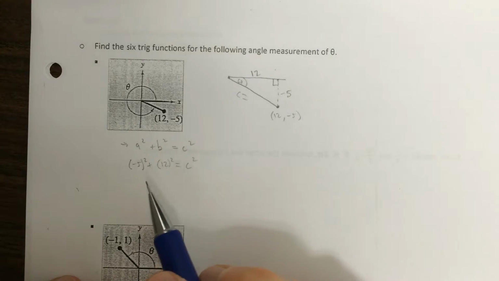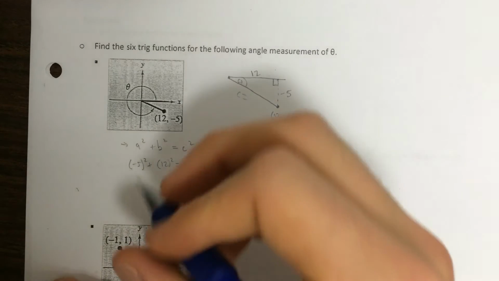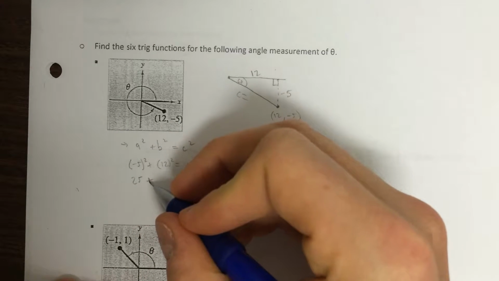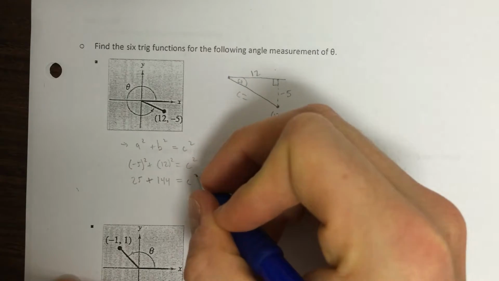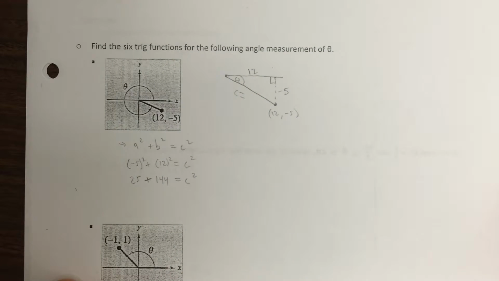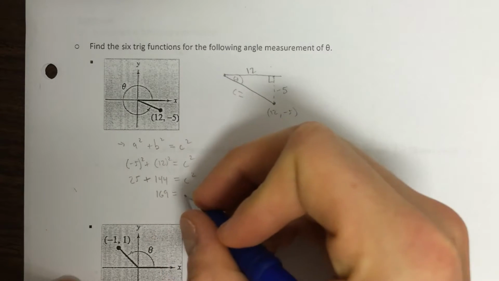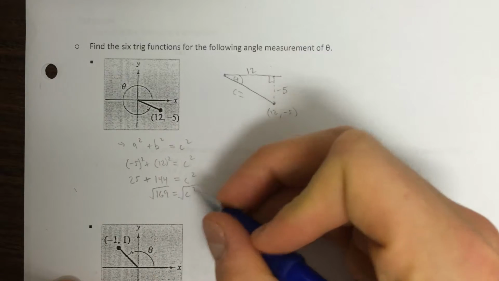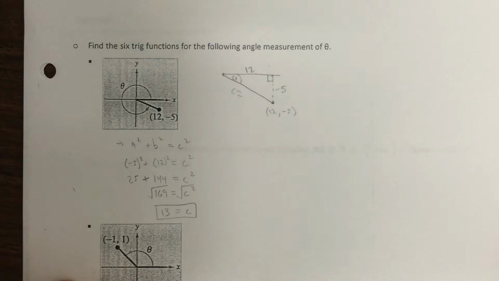But really -5 squared is -5 times -5. A negative times a negative makes it +25. 12 squared is 144. And this is equal to c squared. 25 plus 144 is 169. And then if we take the square root of both sides, we get c is equal to 13.